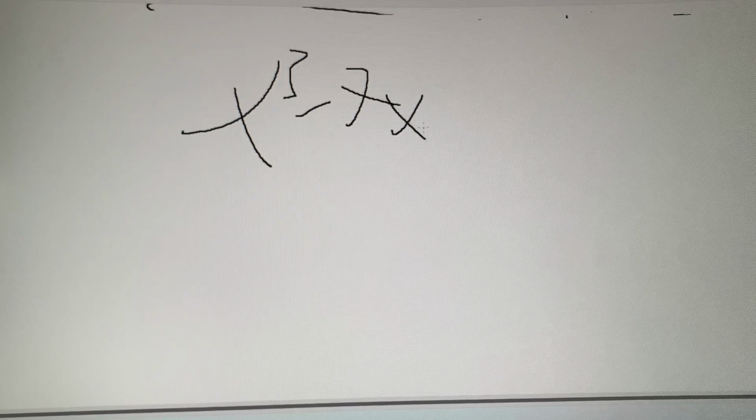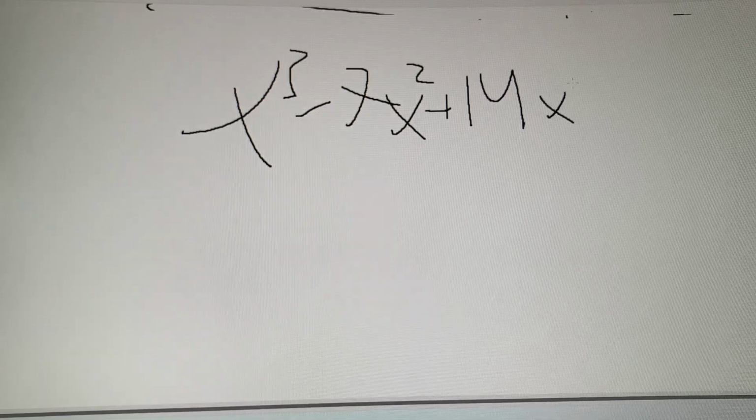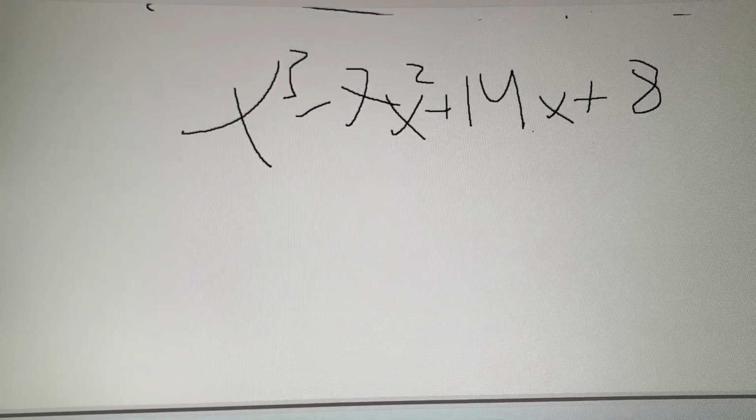The factor theorem. Just doing a quick example, we're going to put x to the power of 3 minus 7x squared plus 14x plus 8. So in a question like this, you're probably going to just be told factor.